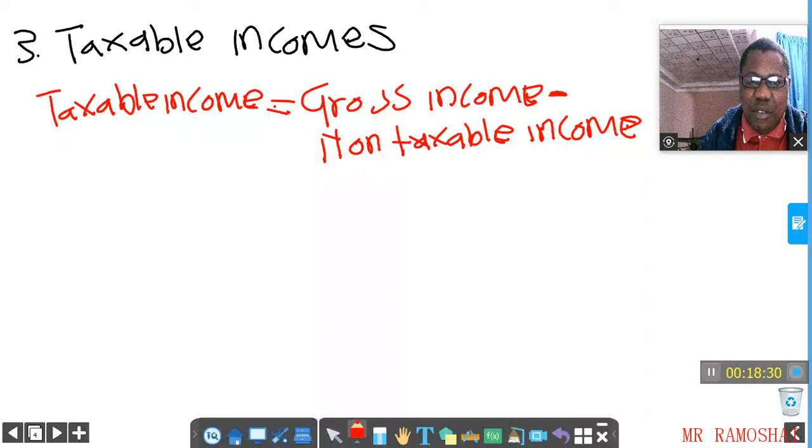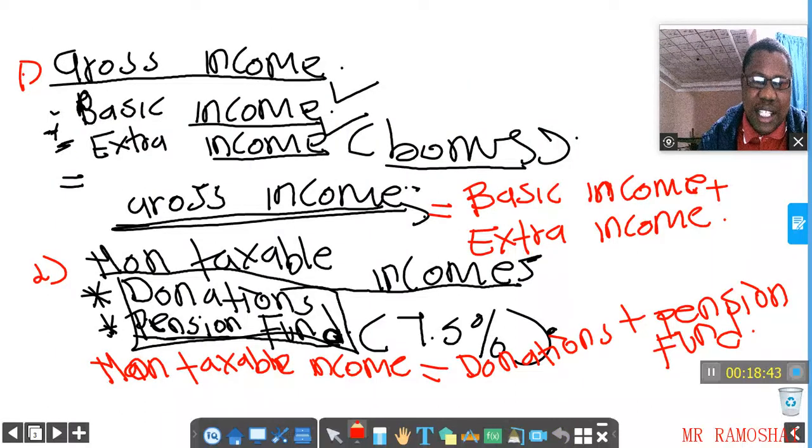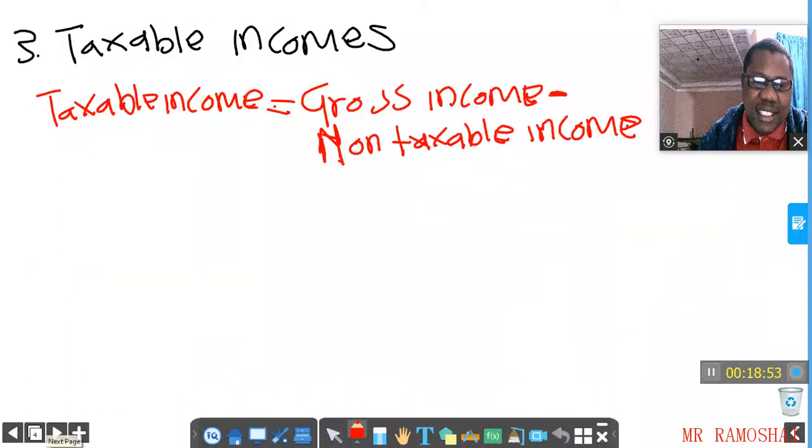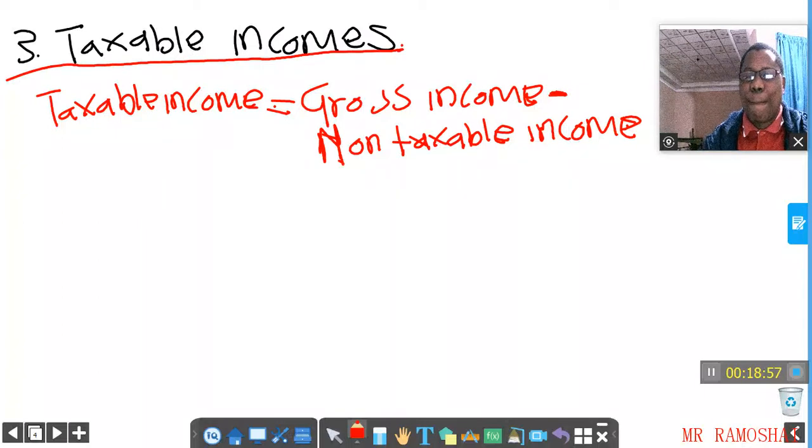These are minus. Hope everyone can see that. Right. So our taxable income is equal to gross minus non-taxable. So whatever we have talked about here, you take this and you subtract the non-taxable income. Then what do you get? You get your taxable income.